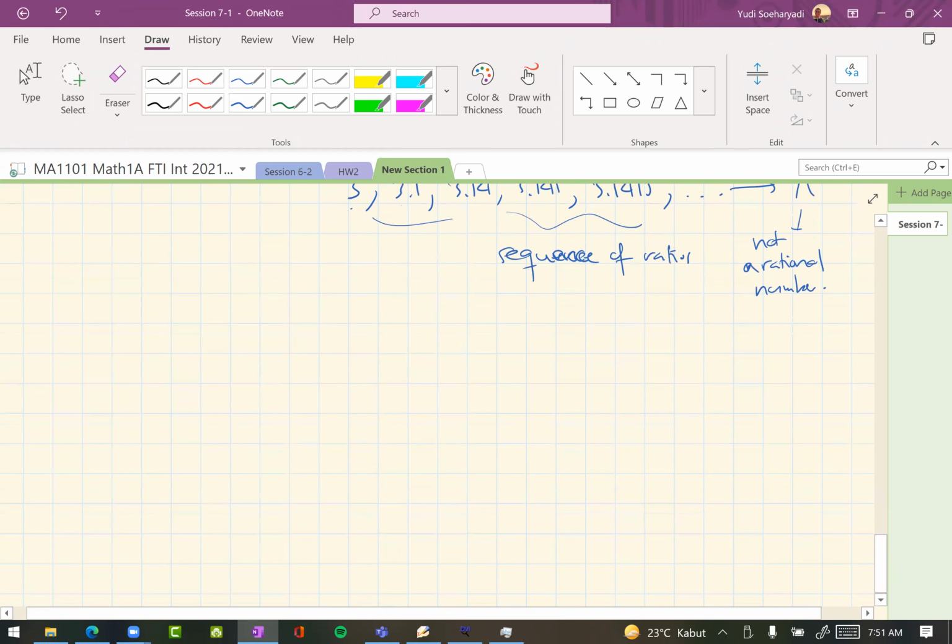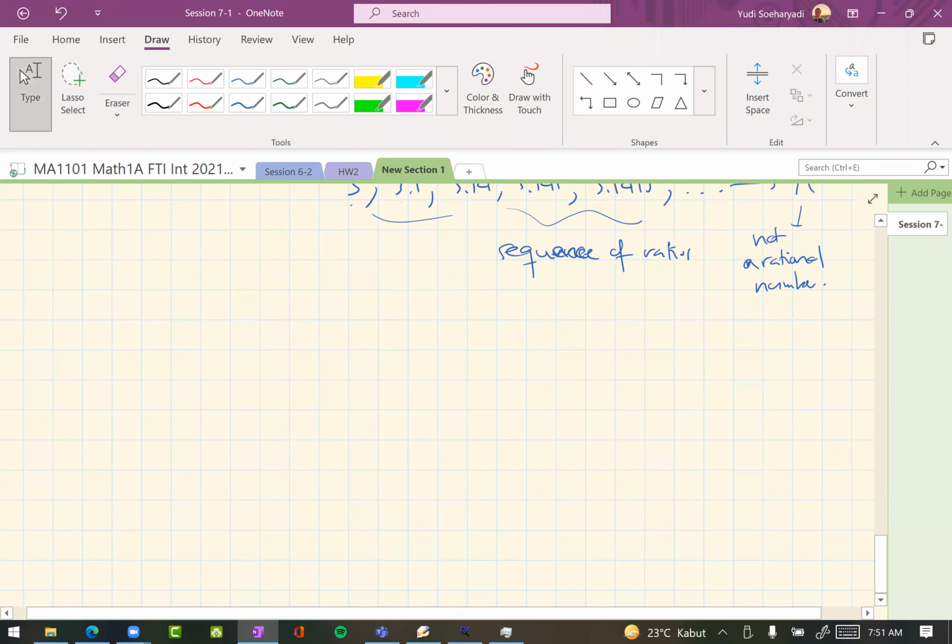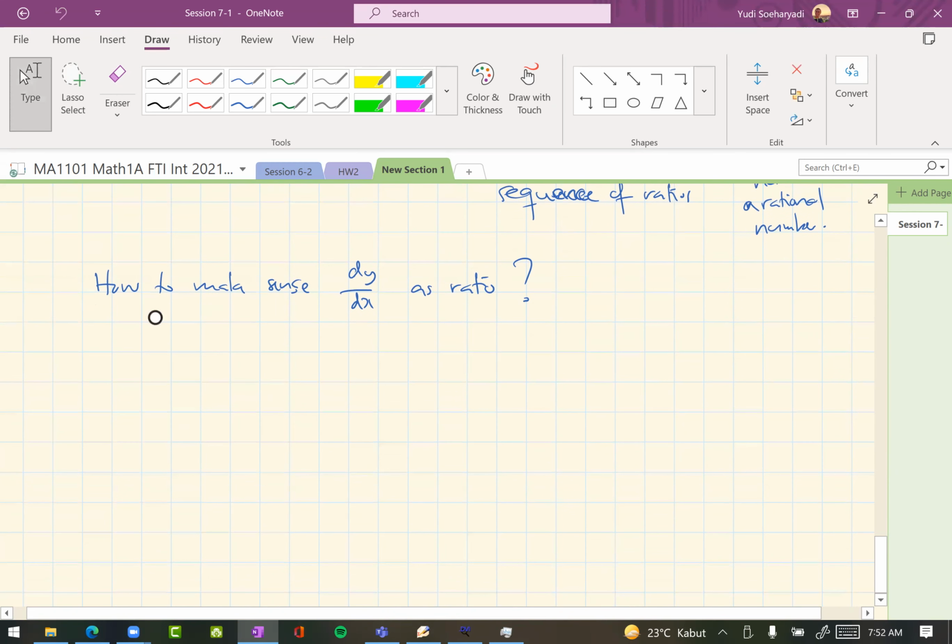Now we really would like to make sense of how to treat dy dx as a ratio, as in equations, even though it is not. All right, so let's just force ourselves to do this.